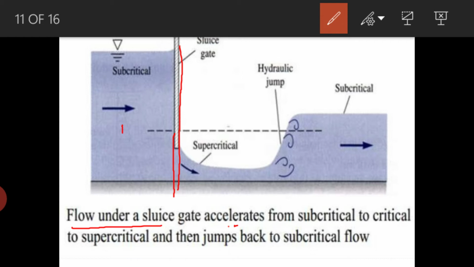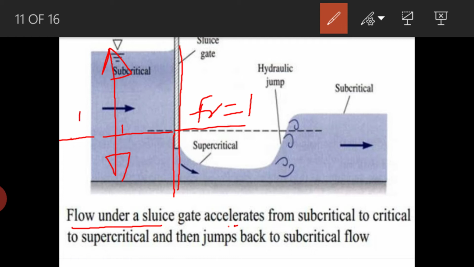The flow under a sluice gate accelerates from subcritical to critical. Since the depth of flow here is high, the velocity will be very low. If you take one particular section, the flow is critical. So this represents critical flow, where the Froude number will be equal to 1.